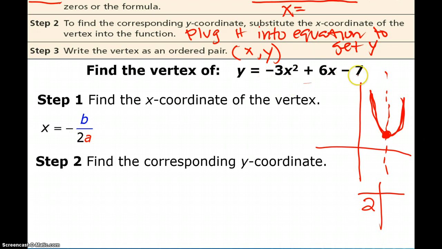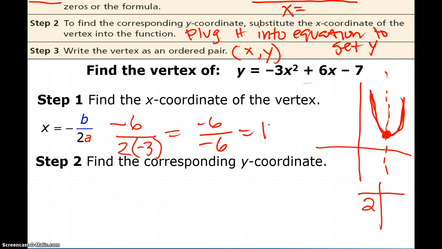So it is in standard form. So axis of symmetry opposite of b is -6 over 2 times a is -3, which means this is -6 over -6, which means it's 1. So I have x equals 1. So if x equals 1 and I want to get my y value, I plug it into the equation.